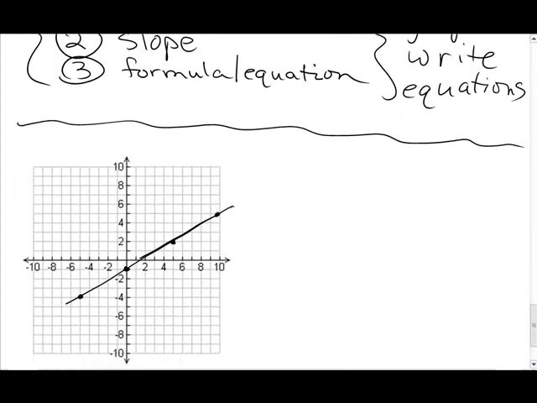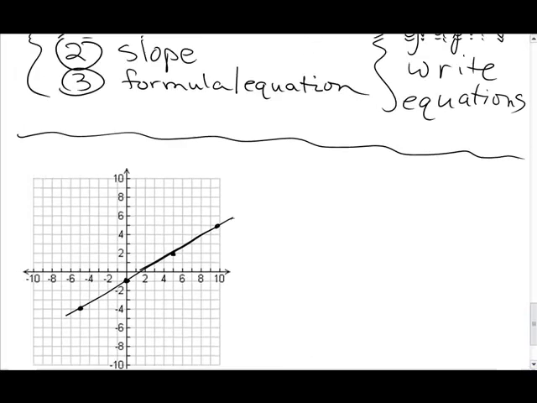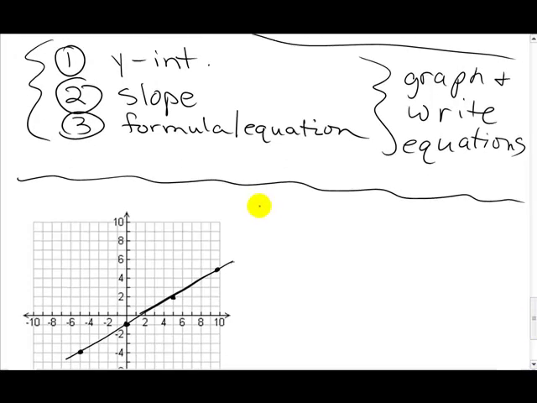Here, if I want to write an equation, I need the 3 things, okay? Number 1 is b. What is my b? When I look on the graph, it's right here where I'm crossing the y-axis. So b equals -1.